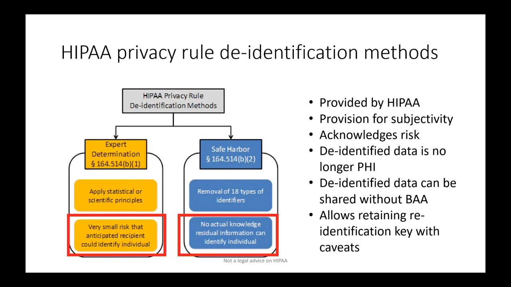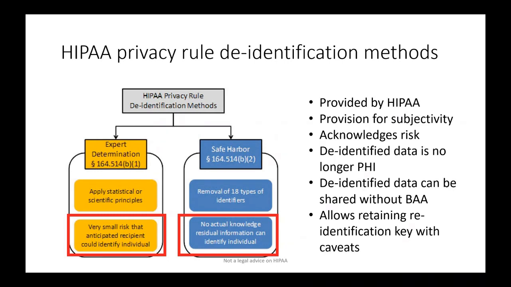You can apply some statistical principles and make changes in the data and determine that there is very small risk that the recipient will be able to reverse engineer or re-identify the individual. Keep in mind that there is a small risk that is acknowledged here. HIPAA acknowledges that there is always a small risk of re-identification. They don't expect that de-identified data has zero risk.